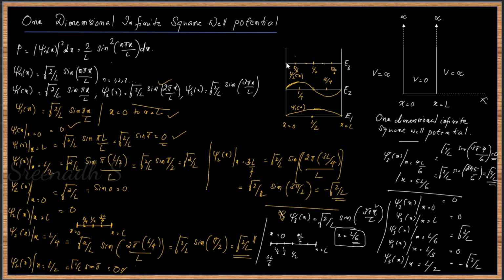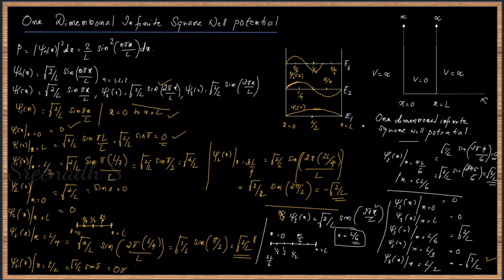And at L by 2, what is the value? At L by 2 it is a minus value, so it will come down. And at 4L by 6 again it is 0 value, that is this point.